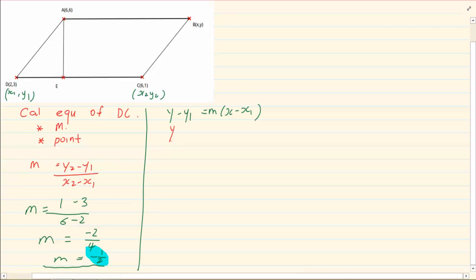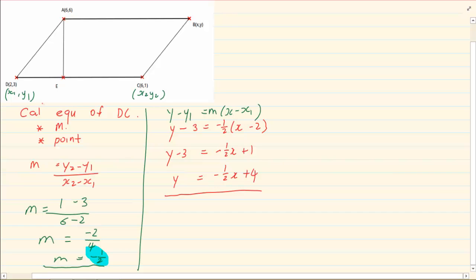So I'm going to have y minus 3 is equal to minus a half (x minus 2). To get it into standard form, I'm going to get rid of my brackets and I'm going to bring my 3 over. So I'd have y is equal to minus a half x plus 4.